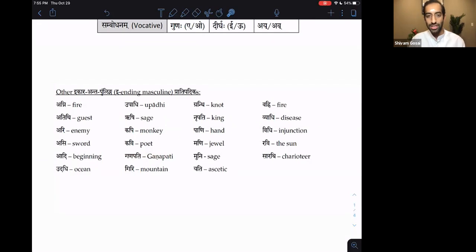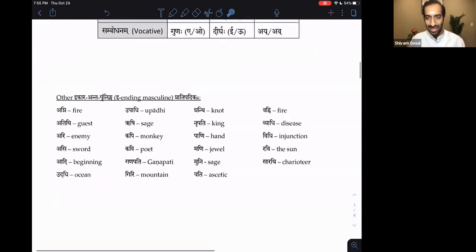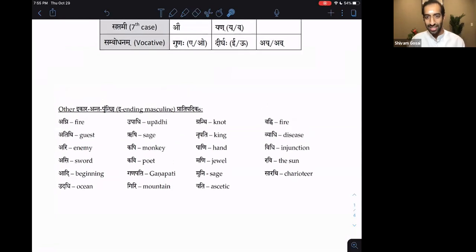So Ganapati, so let's think about it together. Ganapati, he, Ganapati, Ganapatayaha, Ganapatim, Ganapati, Ganapatin, etc. Let's stop there, right? But that's how we'll start.